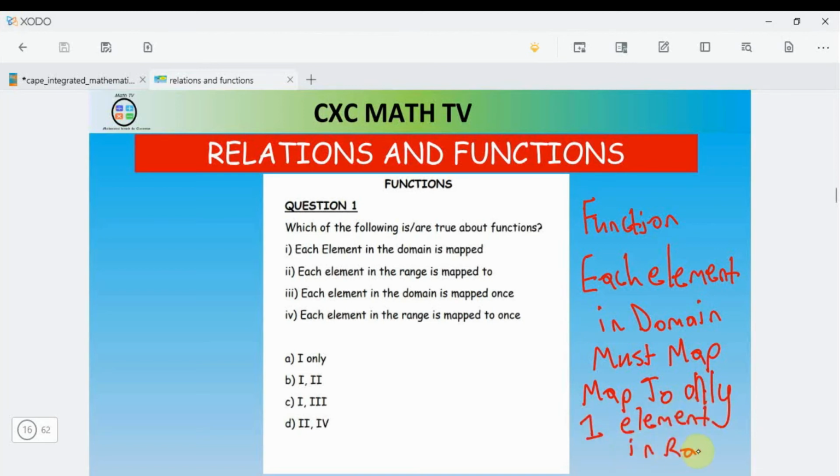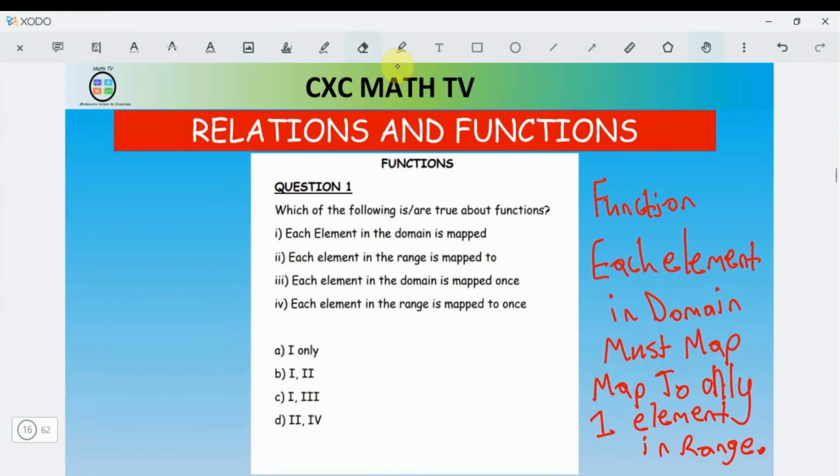And then it's going to be a function. So let's see which of these characteristics satisfy that definition. So first thing, each element in the domain must map, so one is true.